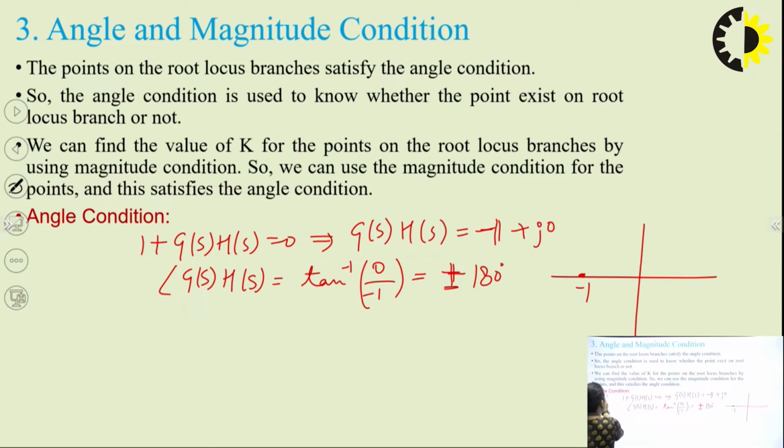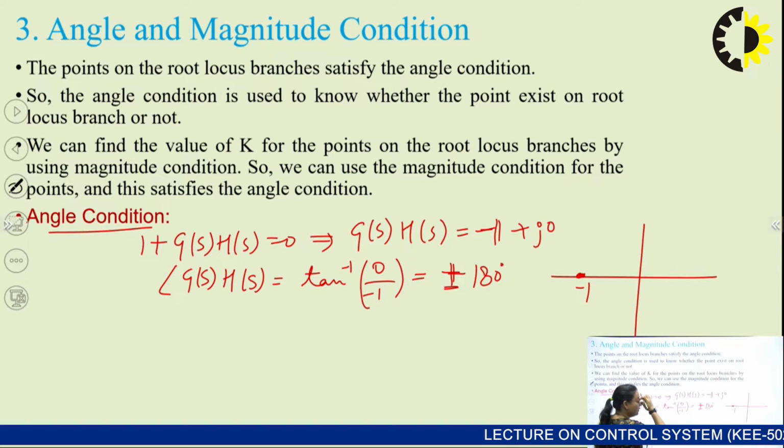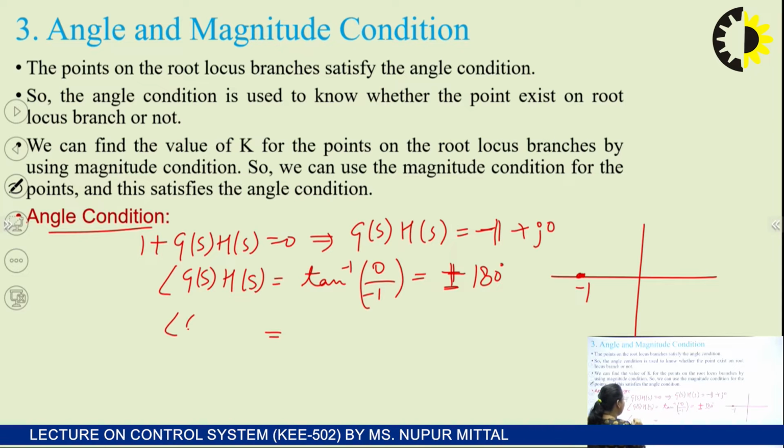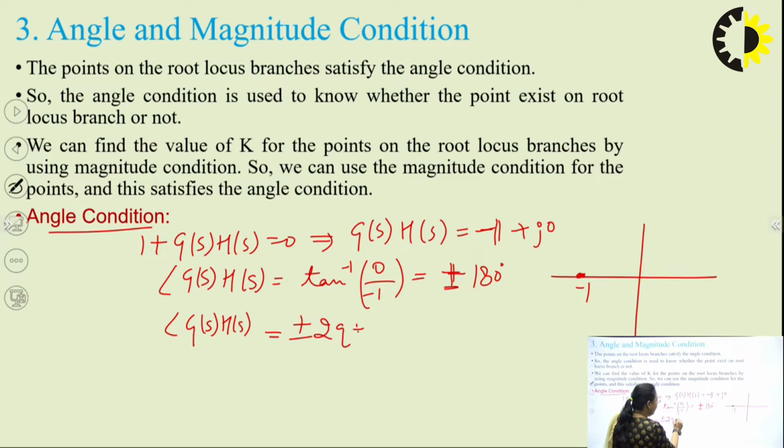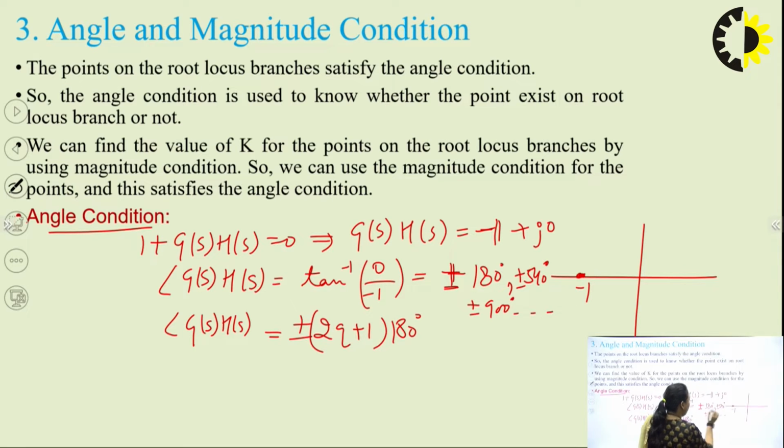So I can define the angle condition as the angle of G(s)H(s) for different values of s being an odd multiple of 180 degree, because I want the angle at the negative real axis. So shall I write the angle of G(s)H(s) equals plus minus (2q plus 1) into 180 degree, because here I am getting 180 degree, plus minus, or 540, and otherwise we can say 900 degree, and so on.